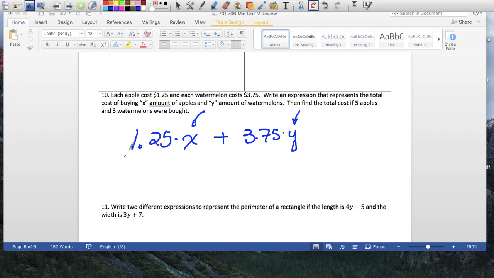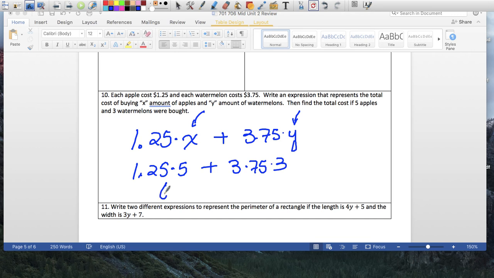So that's 1 point for this particular expression. Now, I'm going to take that expression and figure out my cost. And in this case, the situation says that I bought 5 apples. So 1.25 times 5, plus, and how many watermelons? 3. So 3.75 times 3. Do your calculations. So you're going to multiply 1.25 times 5 to find the total cost of your apples.